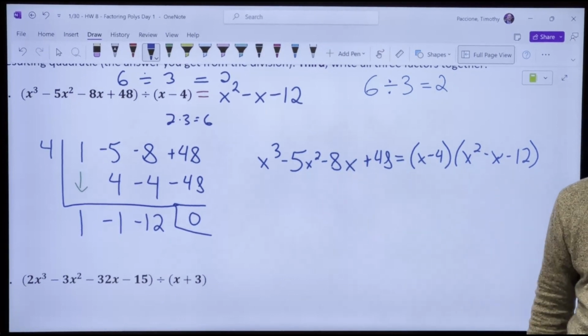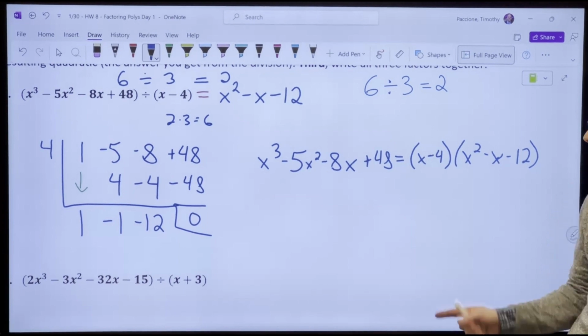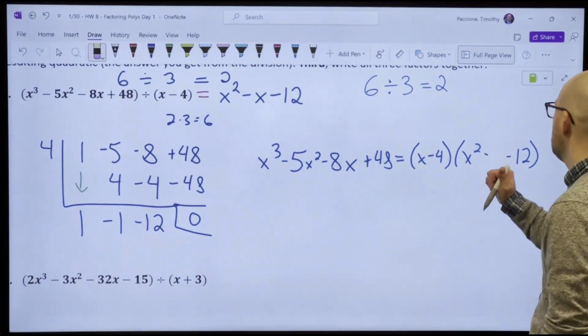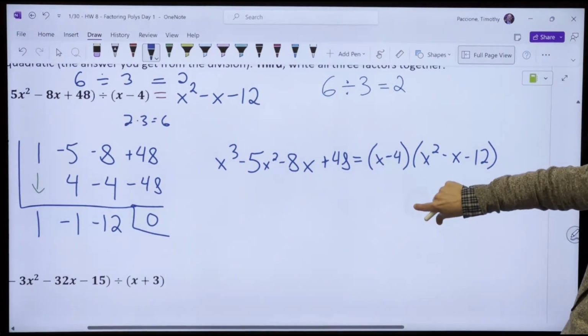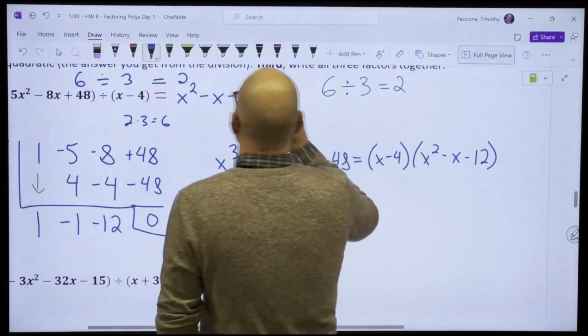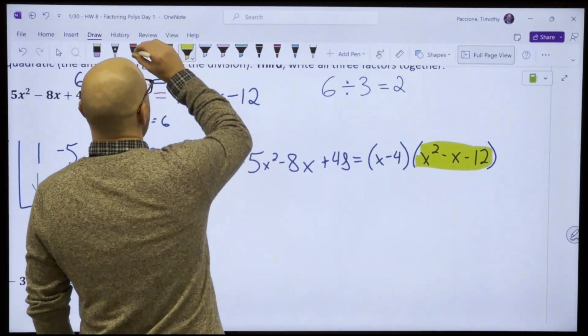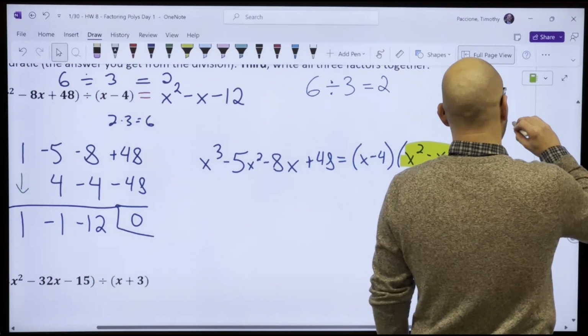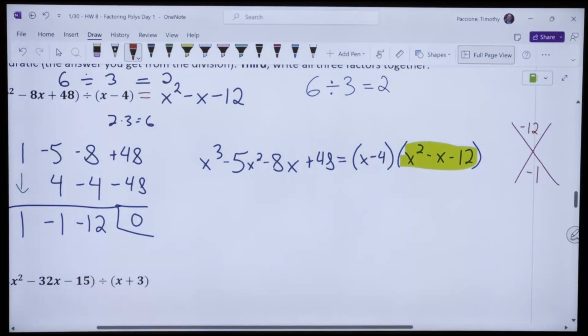And then you ask yourself, can I go further? Can I keep going? And you look at this and you say, well, that's a trinomial. Maybe I can magic exit, right? So you focus in on this one and you try to magic exit. And you go, okay, minus 12, minus 1. Two numbers that multiply to give me negative 12, add to give me negative 1.